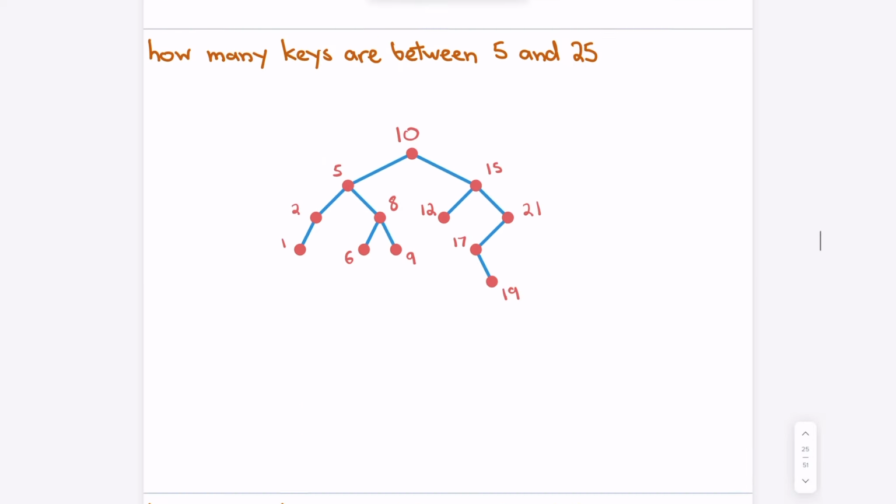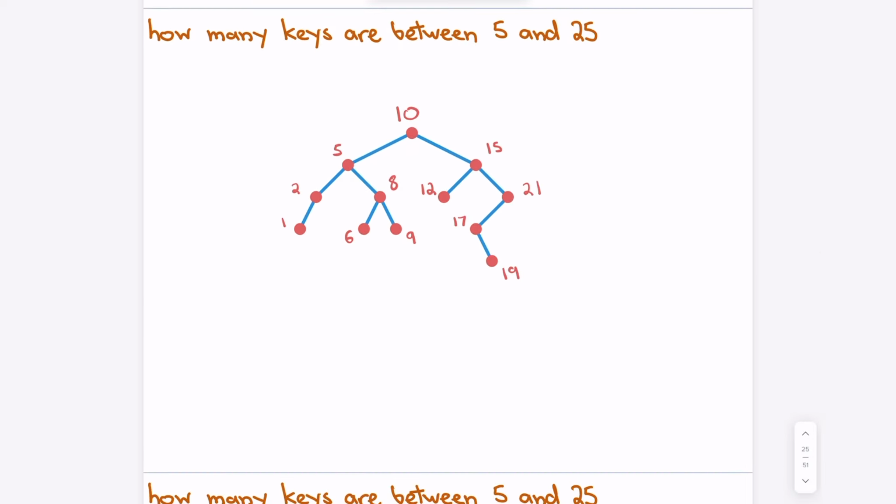Another thing: how many keys are between 5 and 25? Of course, we can list off all the keys like before and just count them. But you could do something a little bit more clever. How can you support this operation to be faster?